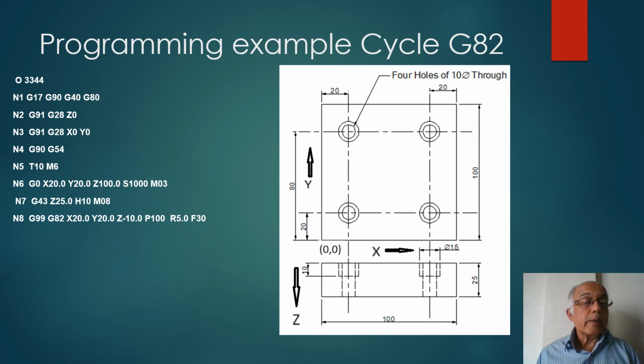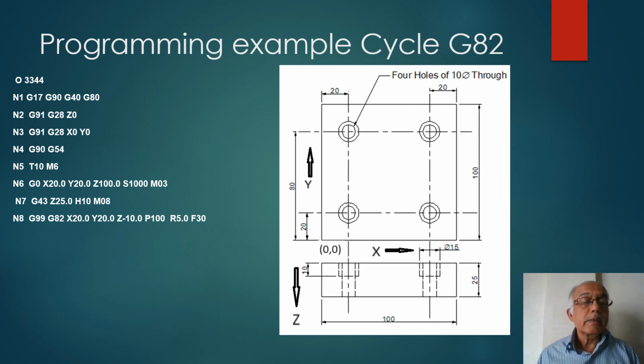In block number 8, we have defined the parameters of drilling cycle 82. G99 is the code where after completion of the drilling depth, the tool or drill will come to the R level. X20 and Y20 are the coordinates of the center point of the first hole.